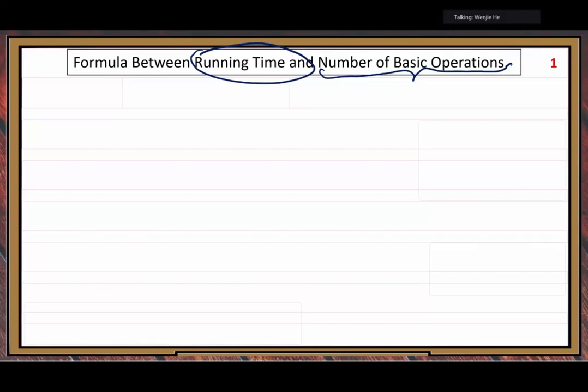We want to find a good way to describe the efficiency of algorithms. That's our purpose here. We want to describe the efficiency of algorithms. When people ask you, what's the efficiency of your algorithm?